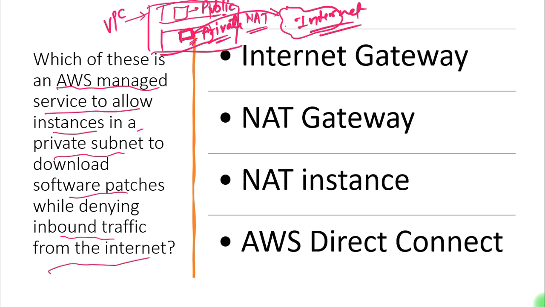So it denies inbound connections. When we need proper connectivity between the instance, which can be your web server or something, and the internet, that means we are looking for bidirectional connectivity. In this case we will use an internet gateway.